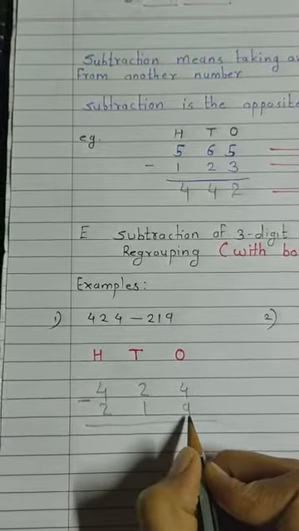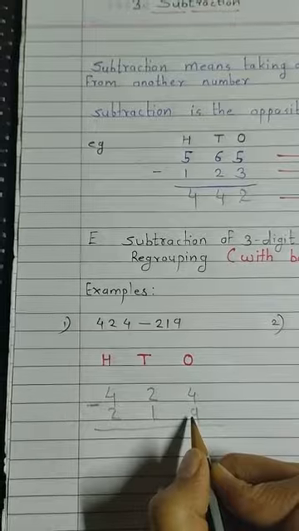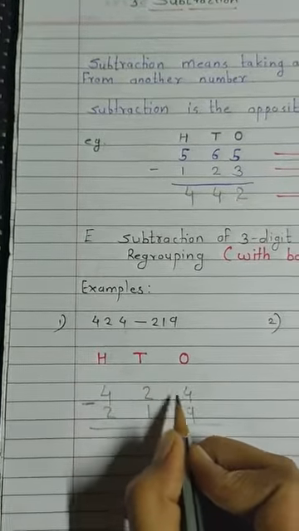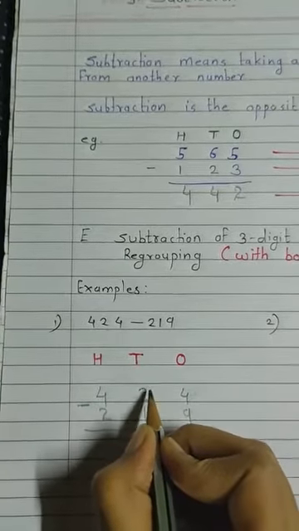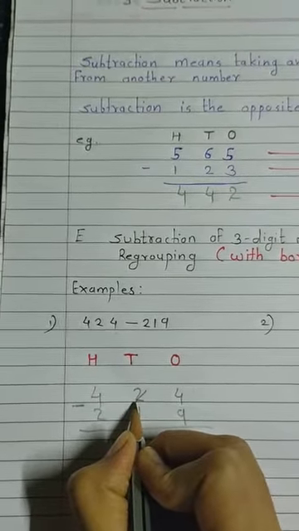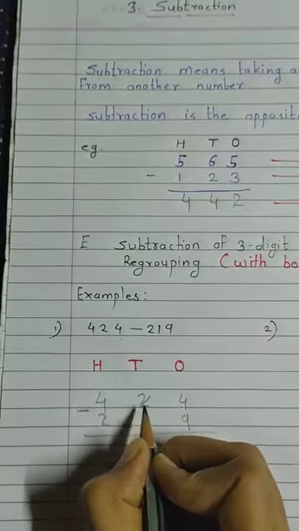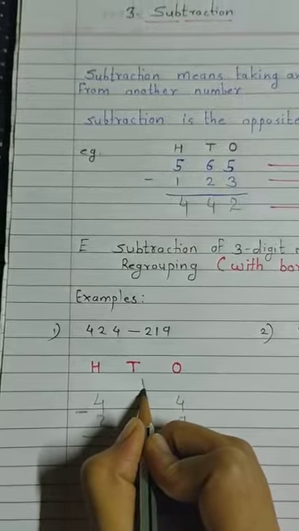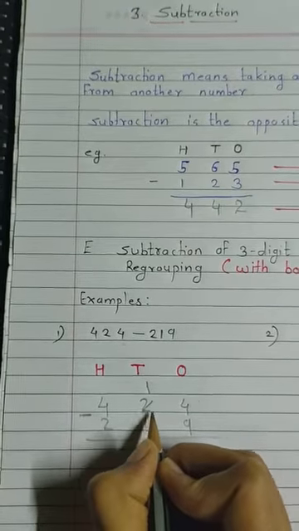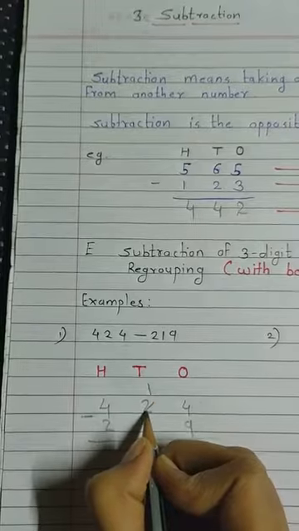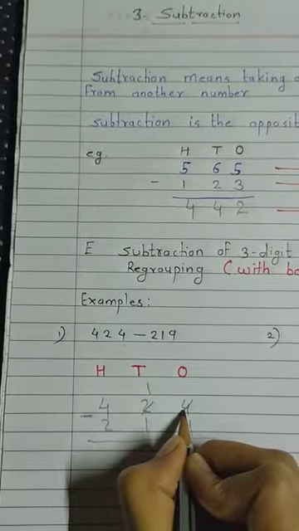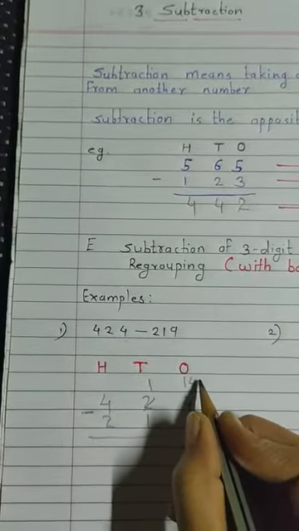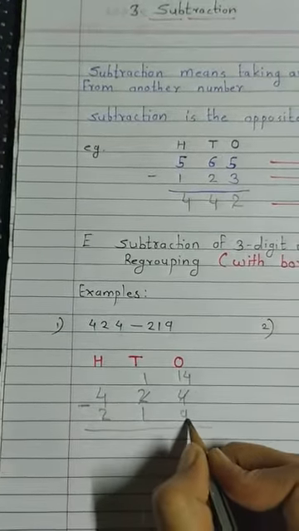So we will borrow from the next number, which is 2. We take 1 ten from 2, so 1 remains over here and the 4 becomes 14. Now the first number is bigger than the second number.